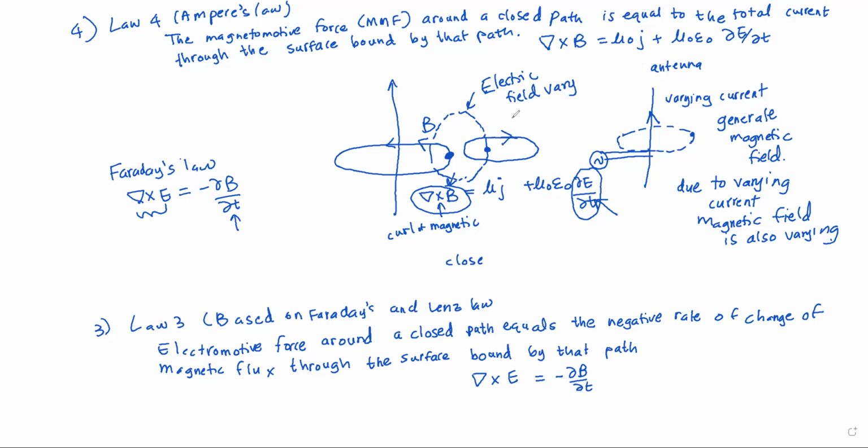Using the right hand rule, we can denote the direction of the magnetic field that is generated. This is the current loop, the current carrying conductor. This is the magnetic loop, and this is the electric field.